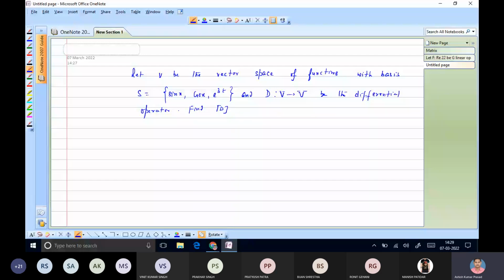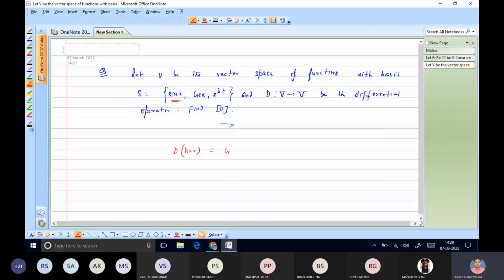And see how simple it is. You have to just apply simple steps. First of all, what is the image of sin x under D? D means differential operator. So when you differentiate sin x, you will get cos x, and I have to write this as a linear combination of these three elements.